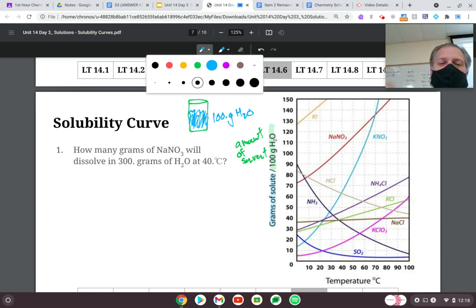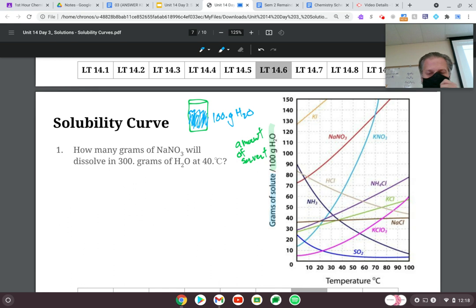So I'm going to read what I have and try to figure out how to get there. The question is, how many grams of sodium nitrate will dissolve in 300 grams of water at 40 degrees Celsius? So first of all, we have to figure out what we're looking at. There's so many things on here, so I'm just going to focus on this line right here for this problem, because I'm focusing on sodium nitrate.